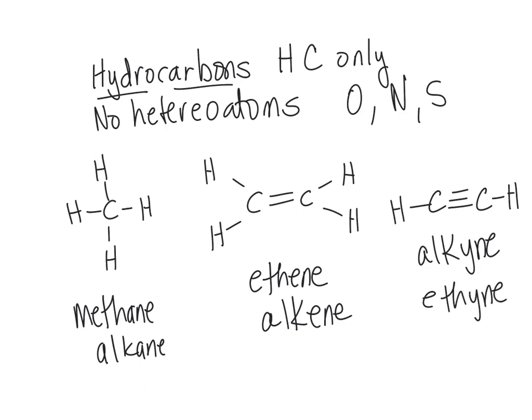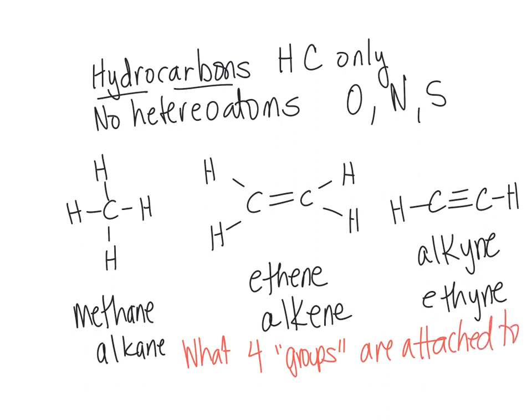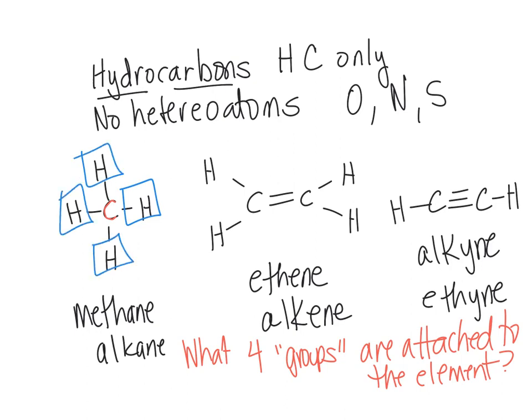Now let's talk about hybridization. The way I do hybridization is I ask myself, what four groups are attached to the element? So when you're looking at that, you can see here's this carbon, and you have 1, 2, 3, 4 groups.